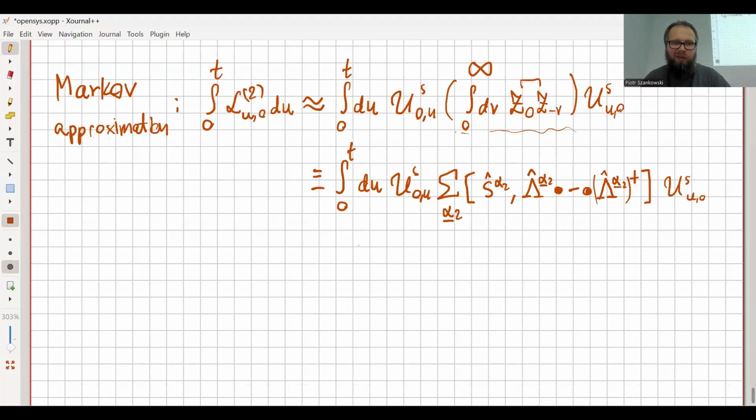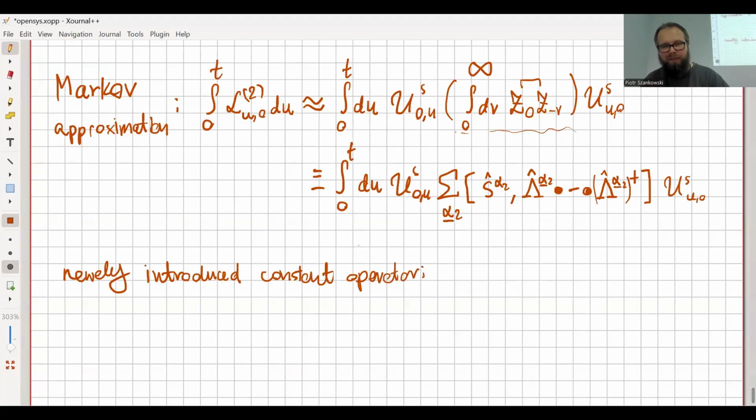And this newly introduced constant operator, this dreaded lambda here, this guy is defined as an integral from 0 to infinity.